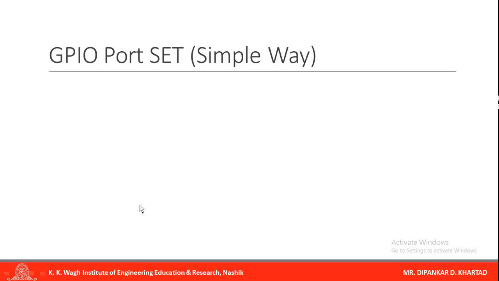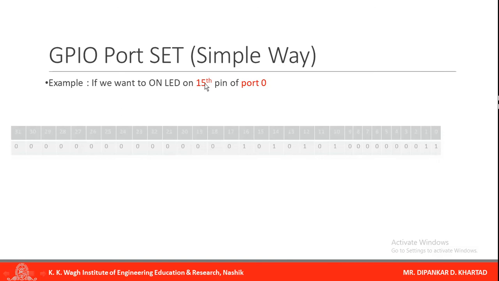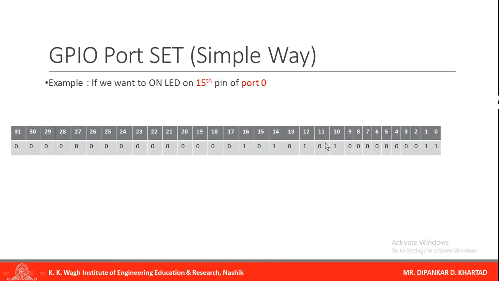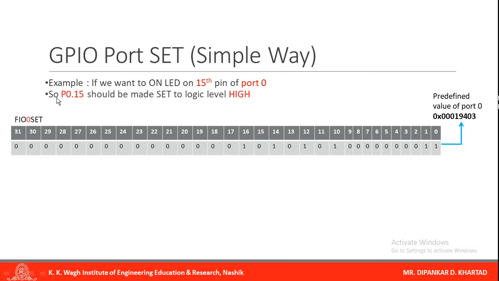Now let's have a look at how you will set the pin in a simple way. We'll take a simple example. We want to turn on the LED on the 15th pin. Again this is the register with predefined values. This 10th pin is set, the 5th pin is reset. What about the 15th pin? The 15th pin is reset. Now we want to set that pin. So P0.15 should be set to logic level high. How?